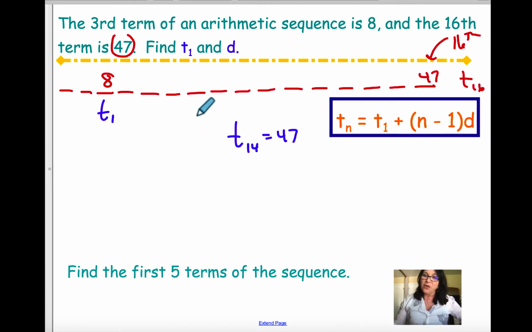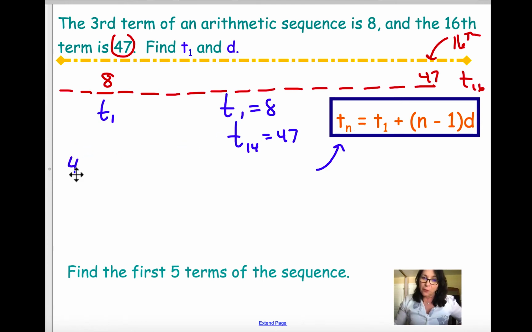So now based on this information that the first term is 8 and the 14th term is 47, we need to figure out how to actually find the first term, but also the common difference. So we're going to use this formula because we know that the nth term is 47, that the 14th term is actually 47.